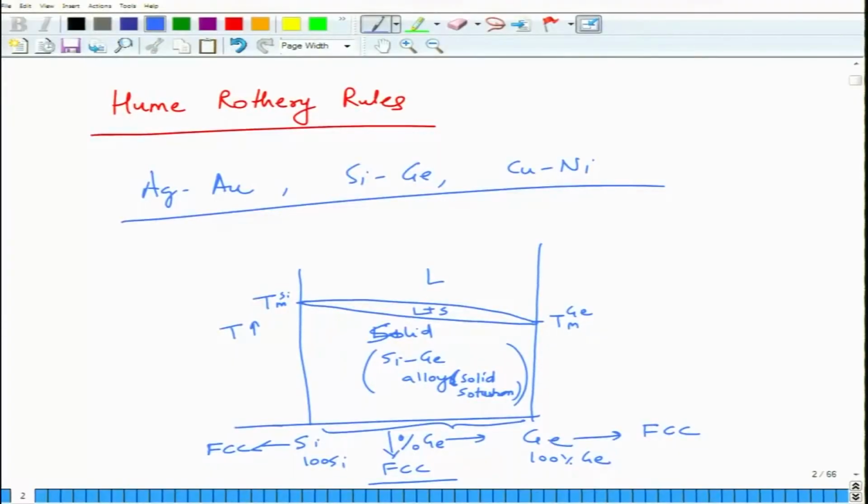If you move from the germanium side, some of the germanium atoms are replaced by silicon. Even at 50-50, each site has a probability of being 50% germanium or 50% silicon. So this is a disordered solid solution which shows extended solid solubility. This is true for gold-silver, for silicon germanium, and for copper-nickel.